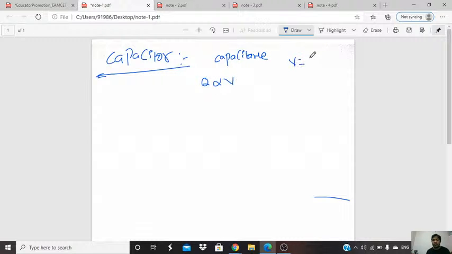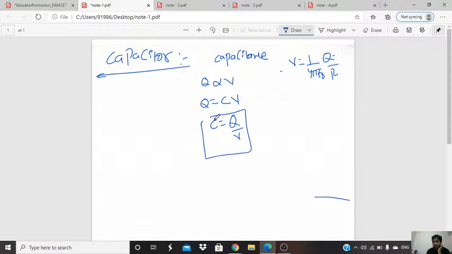We know that V equals 1 by 4 pi epsilon naught Q by R. So V is proportional to Q, or Q is proportional to V. That proportionality constant we call C, capacitance. So C equals Q by V. The unit is coulomb per volt, called farad. Q equals CV, or C equals Q by V, or V equals Q by C.